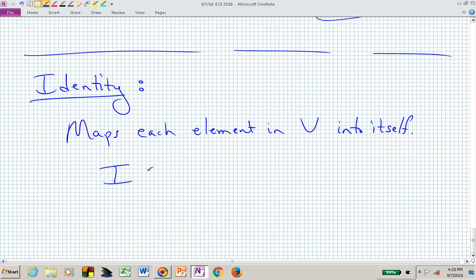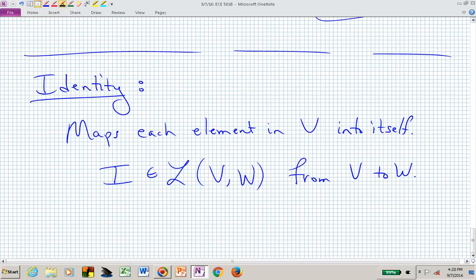A lot of times we might label that as I. That's now I, which is an element of this set of all maps between V and W. Or you could say that I of V is V. That's the identity map.